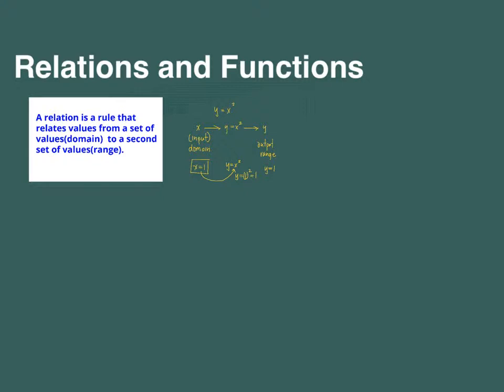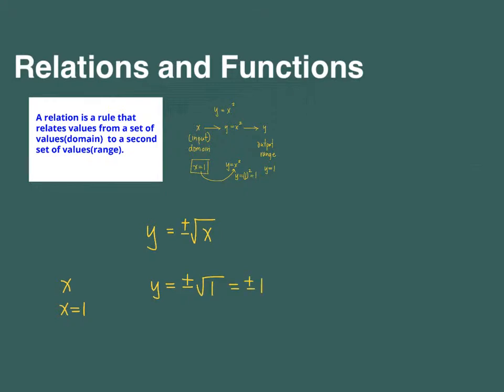Another rule could be, say, y is equal to the positive and negative square root of x. If we choose values for our domain, say x is equal to 1, then the y value is equal to plus or minus the square root of 1, and this becomes positive or negative 1.